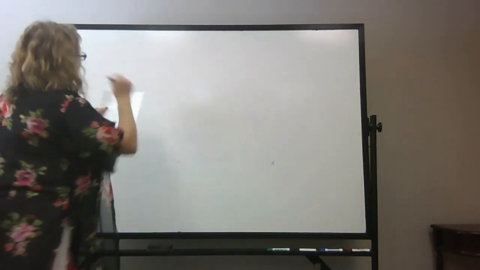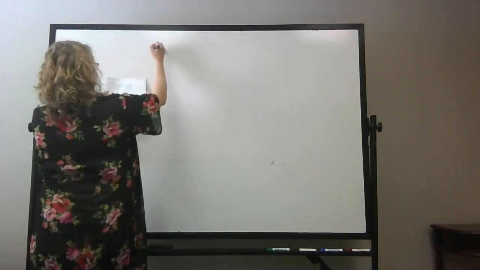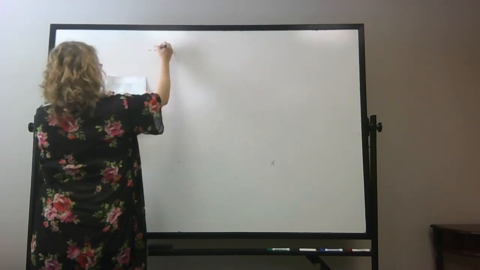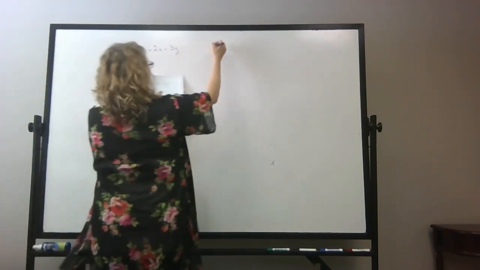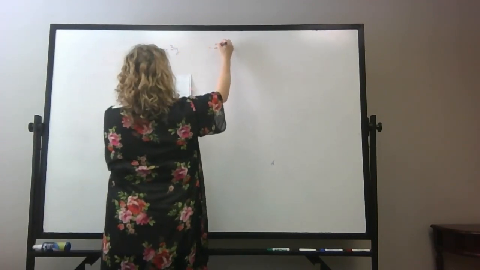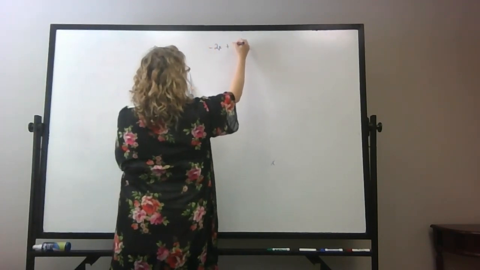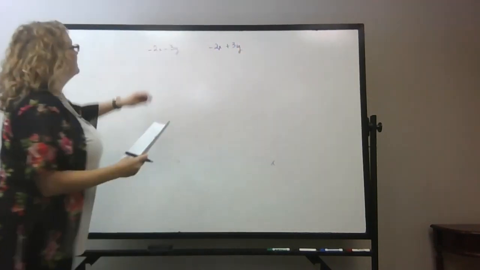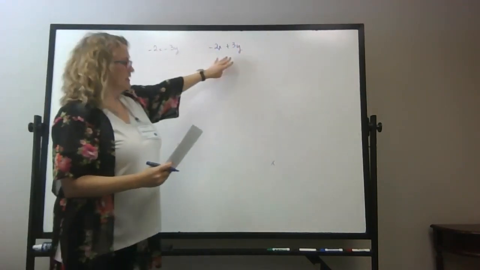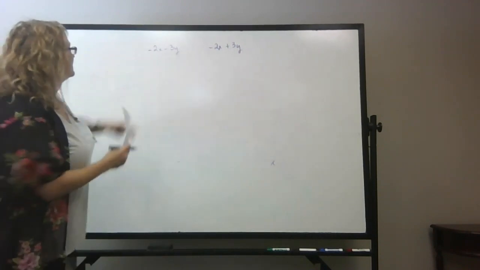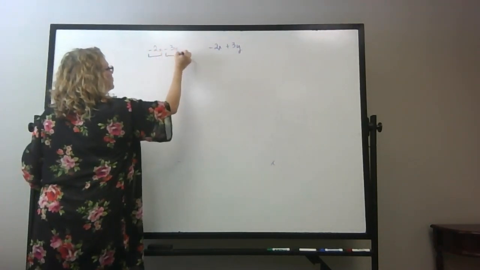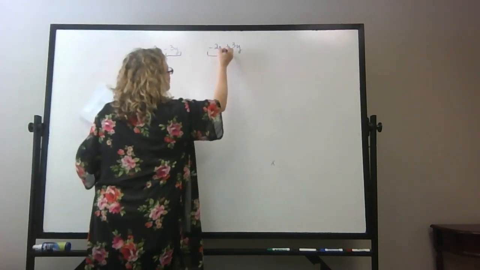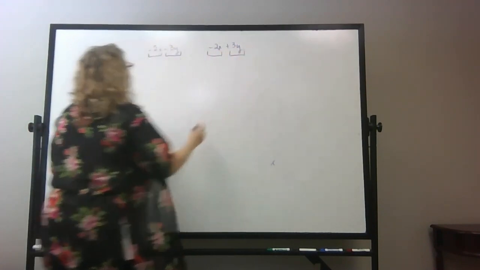If I've got negative 2x minus 3y, and over here I have negative 2x plus 3y. This is an expression. This is an expression. This right here is a term, this is a term, this is a term, this is a term, right?